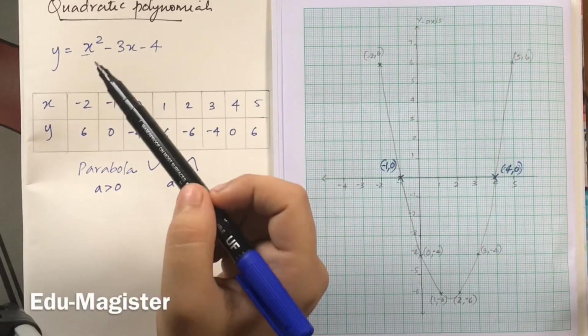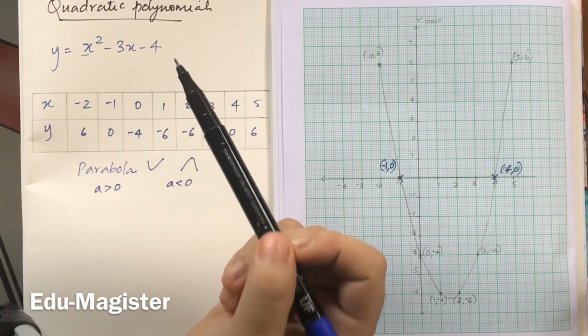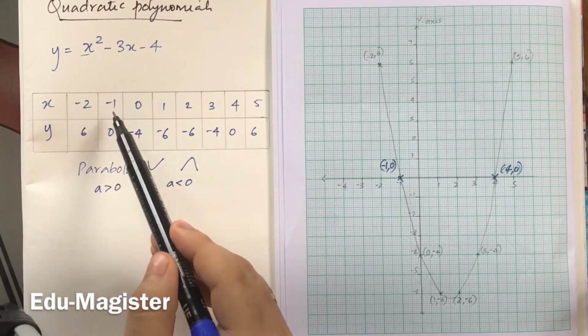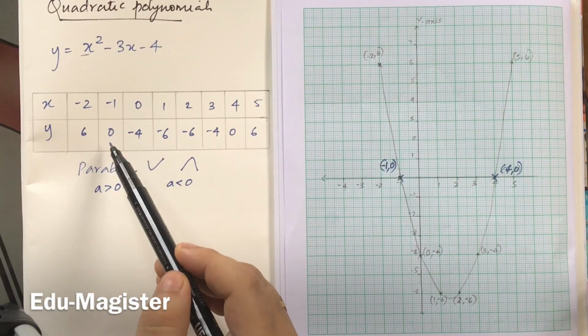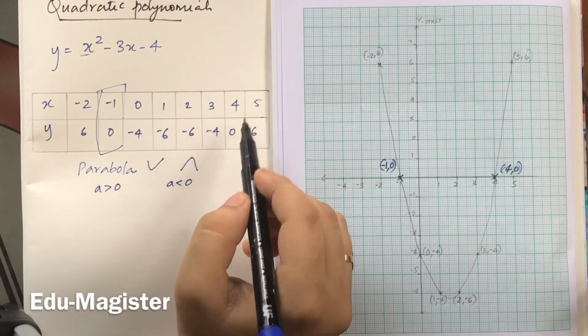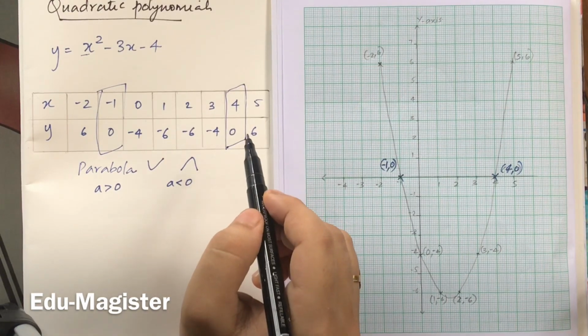Now, can you find the zero of this polynomial without actually solving it? Yes, how? From the table, it is seen that when x is equal to minus 1, y is 0, and when x is equal to 4, y is 0. This is exactly the definition of a zero of a polynomial.